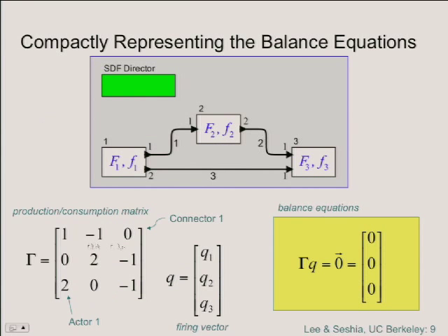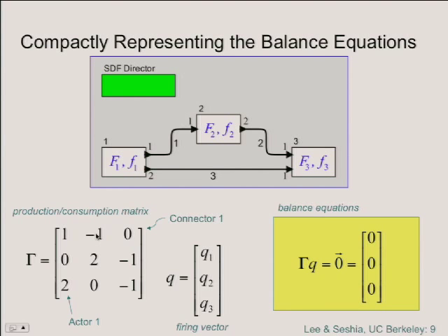So actor 1 produces 1 on connection 1, and actor 2 consumes 1 on connection 1. So we use a negative number for consumption, a positive number for production. We collect the number of firings of the actors into a vector, and we just write down a matrix equation that says that gamma times q should equal the 0 vector. And that's all the balance equations collected.